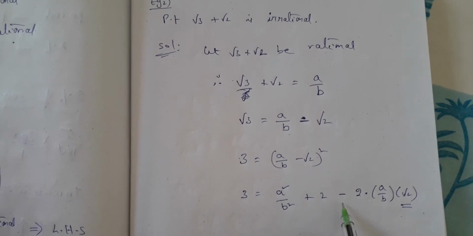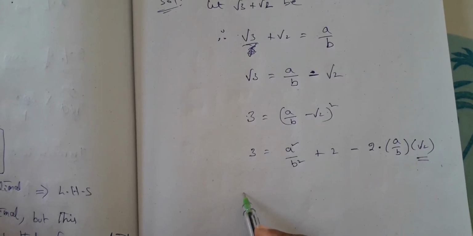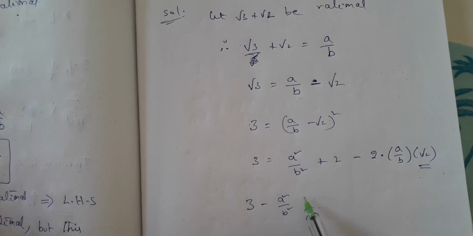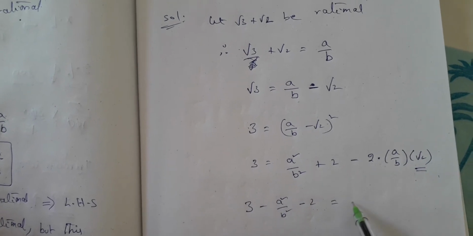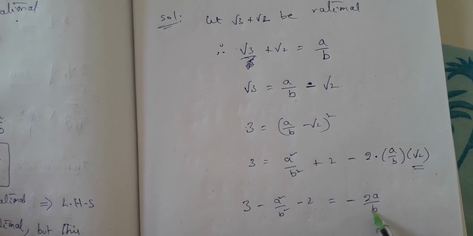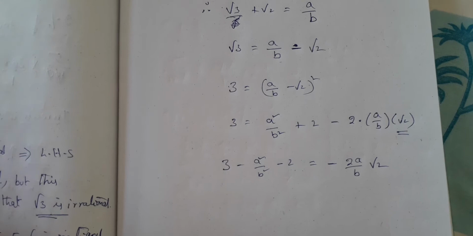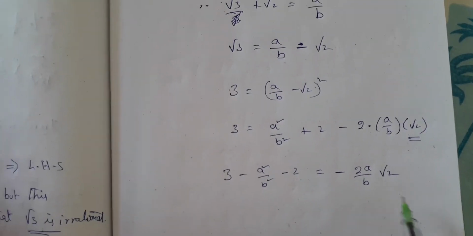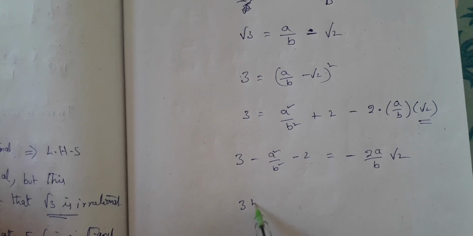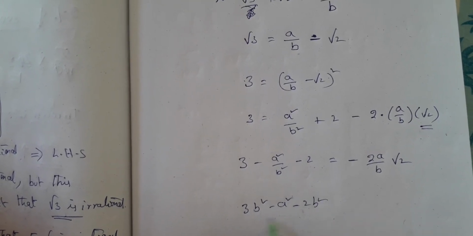So transpose all these terms onto the RHS, right? 3 minus a square by b square. This comes here minus 2, which is equal to minus 2a by b into root 2. So now let me take the LCM. 3b square minus a square minus 2b square by b square.